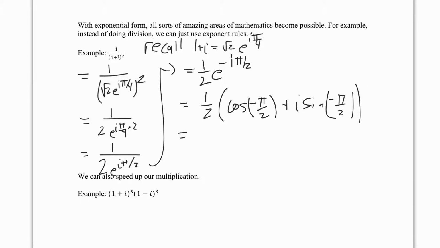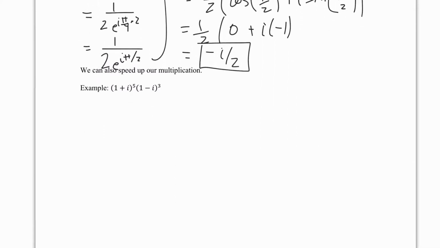So again, use your unit circle knowledge. Cos of negative π/2 will be 0. Sine of negative π/2 will be -1. And well, there's our answer, negative i over 2. Again, no conjugate required, no foiling required. We just really get to use exponent rules and use our knowledge of the unit circle.